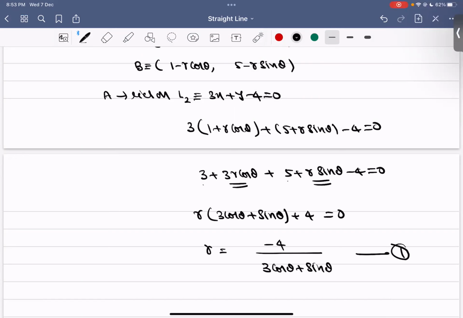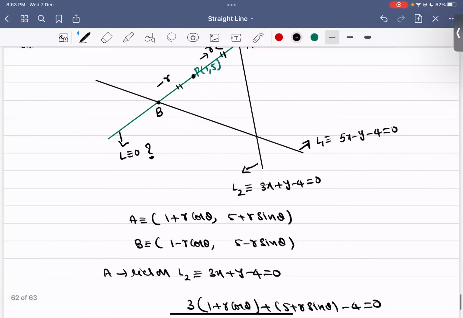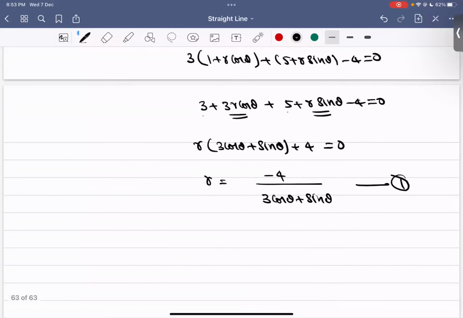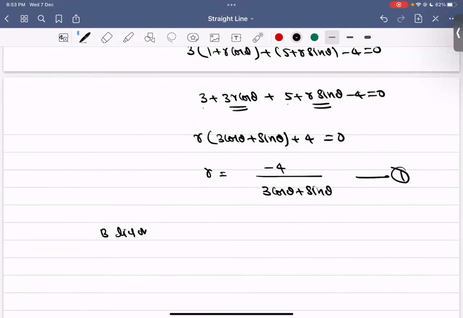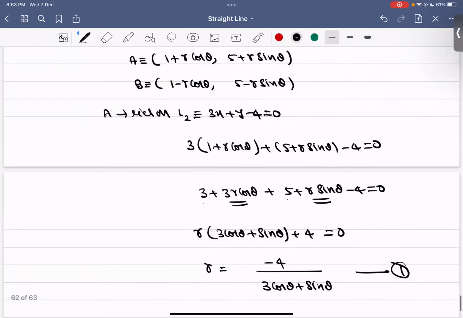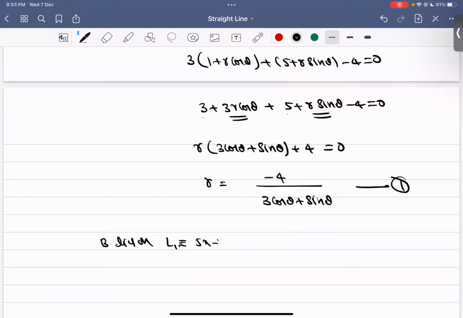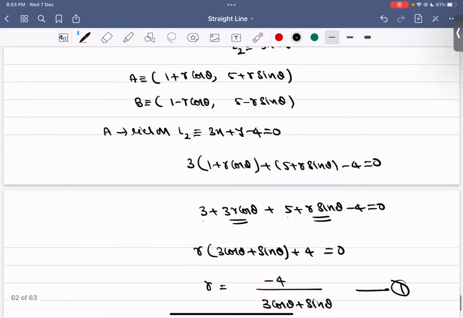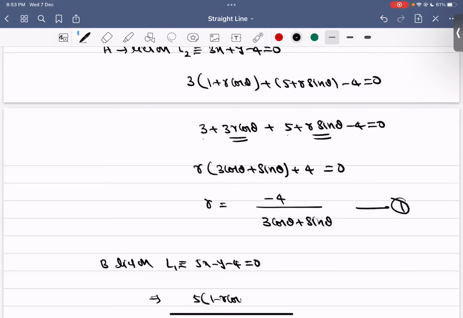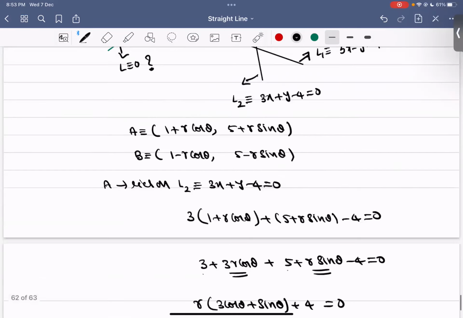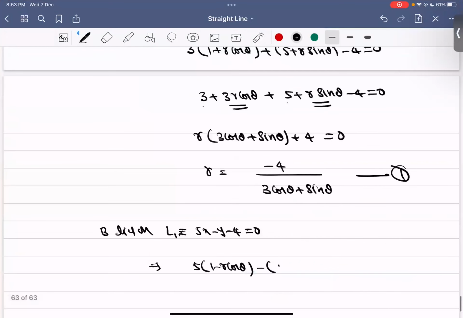Next, B lies on L1. What is L1? 5x minus y minus 4 is equal to 0. Therefore it must satisfy. What are the coordinates of B? 5 into 1 minus r cos theta, minus y coordinate 5 minus r sin theta, minus 4 is equal to 0.